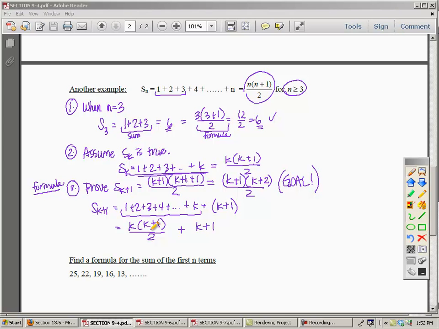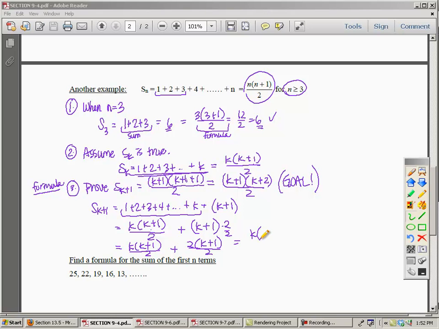All right, now I need a common denominator. So I'm going to multiply this by 2 over 2. If I do that, I get k times k plus 1 over 2 plus 2 times k plus 1 over 2. All right, I'm going to do a little work a second.